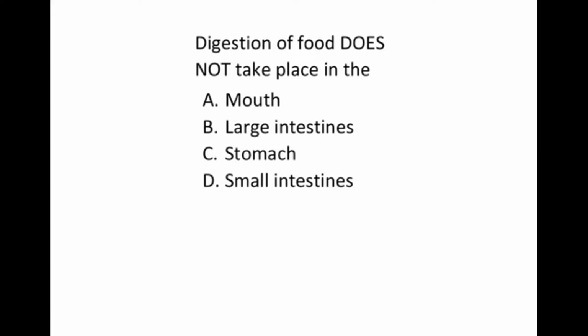The digestion of various types of food that we eat, including carbohydrates, proteins, vitamins and fats, takes place in 3 parts. So we have 3 parts where digestion of food takes place.